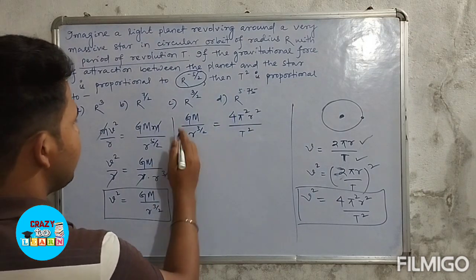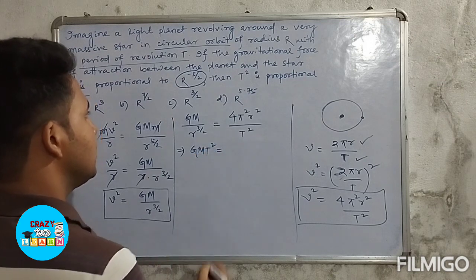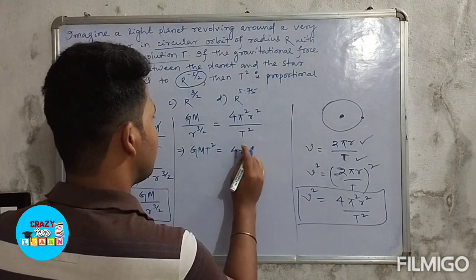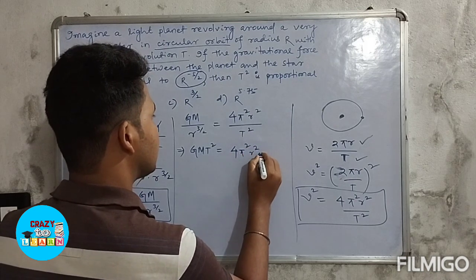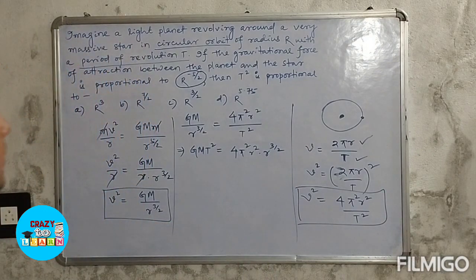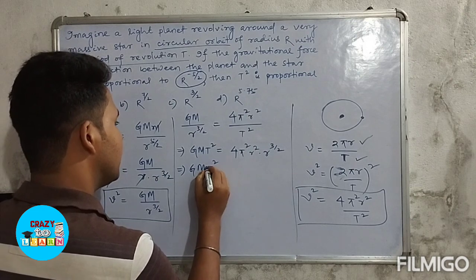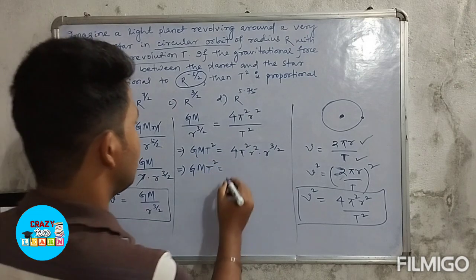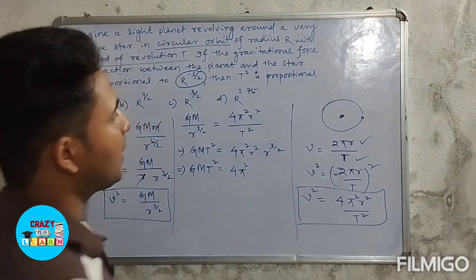Just cross multiply, what will you get? Capital G M T square is equal to 4 pi square r square into r power 3 by 2. So capital G capital M T square is equal to 4 pi square r power 2 into r power 3 by 2.